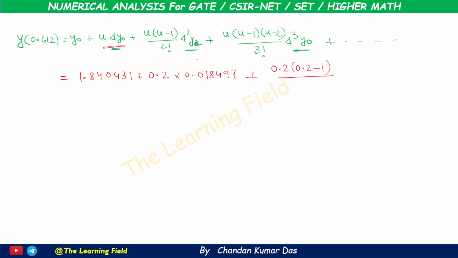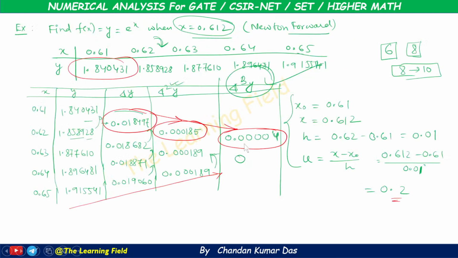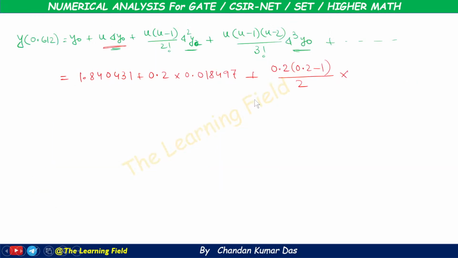u into u minus 1 by 2 factorial, that is 2, into delta square y0, which means this term, 0.000185. Plus u into u minus 1 into u minus 2 by 3 factorial, that is 6, into the value of delta cube y0, which is 0.000004.